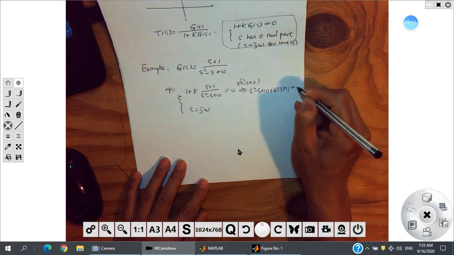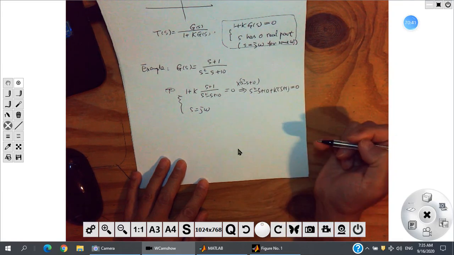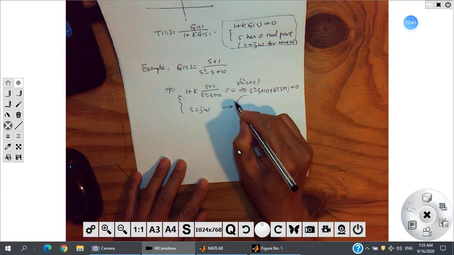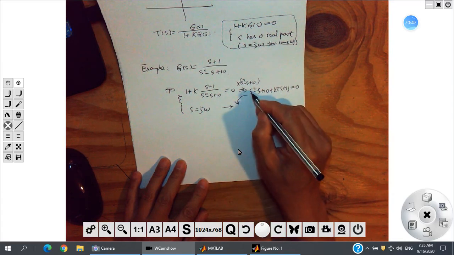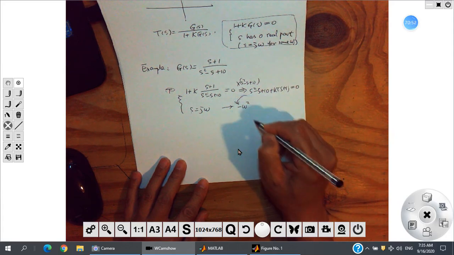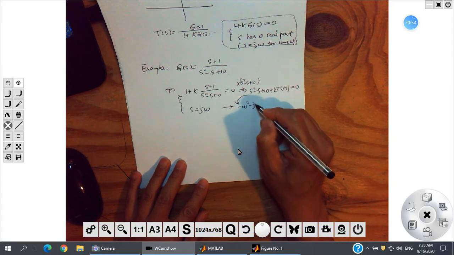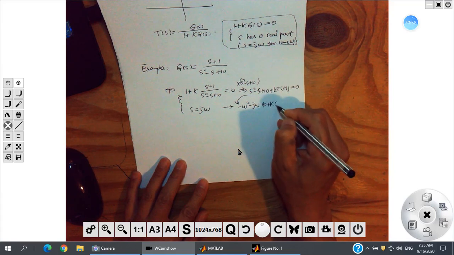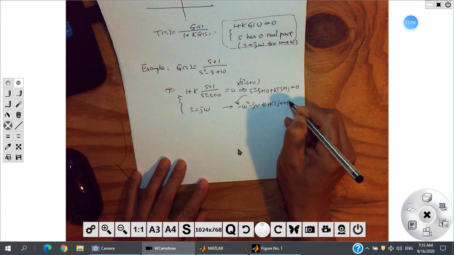Another side is 0 times it, still 0. And S is J omega, so I have J squared, which is negative, right? Negative omega squared, minus J omega plus 10 plus K times J omega plus 1 equal to 0.